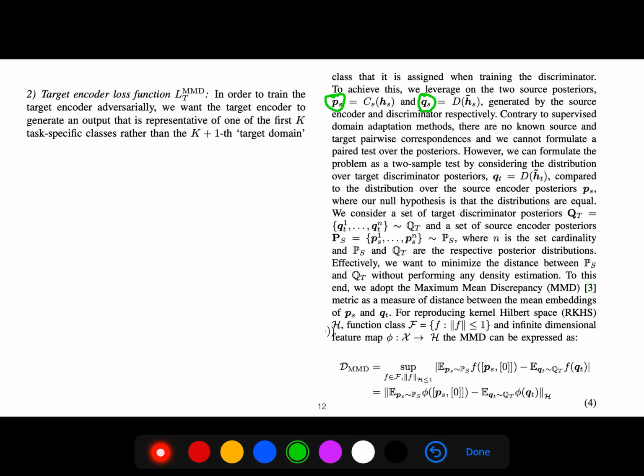We consider a set of target discriminator posteriors, and this is our target discriminator posterior, and also a set of source encoder posteriors, and this is our source encoder posteriors.